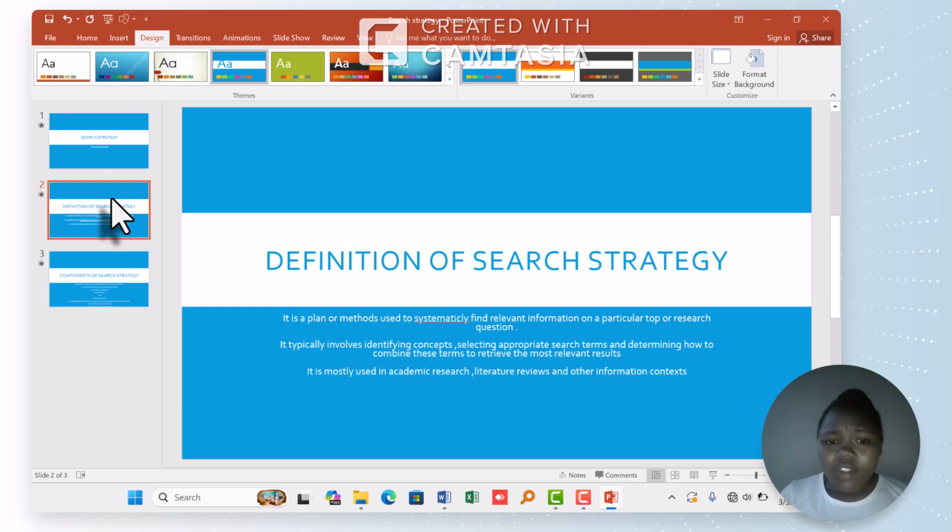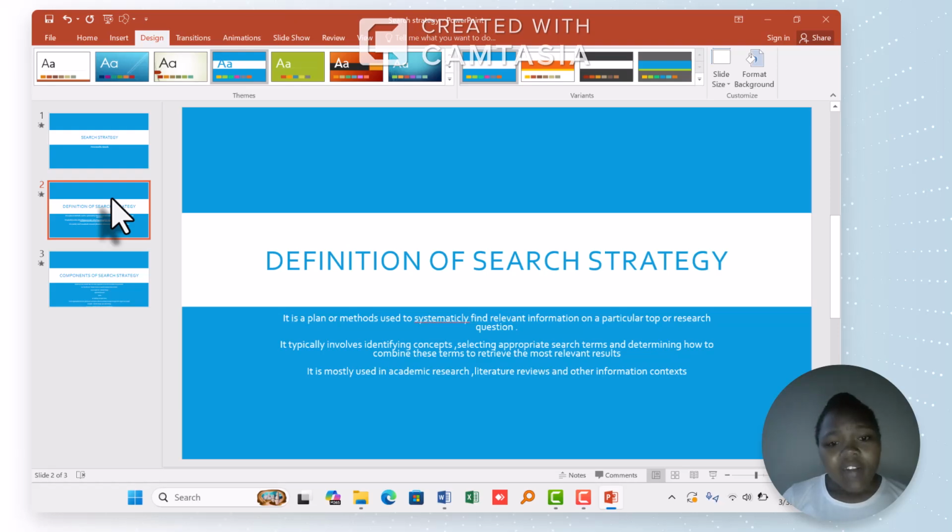It involves typically identifying concepts, selecting appropriate search terms, and determining how to combine these terms to retrieve the most relevant results. If I say this, someone may not understand. Let me break them one by one.